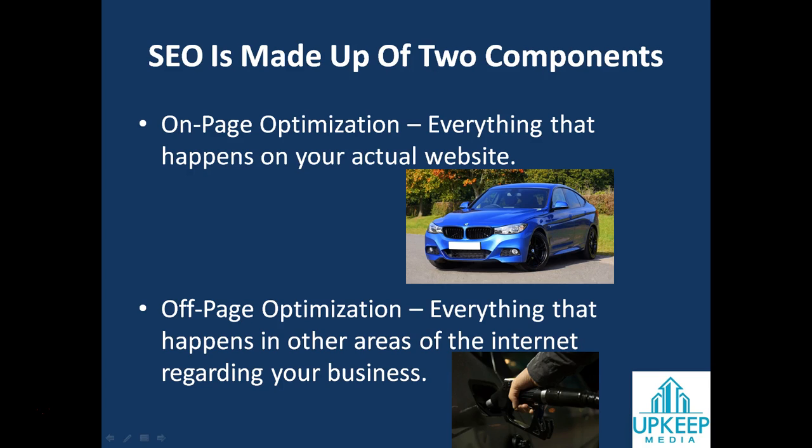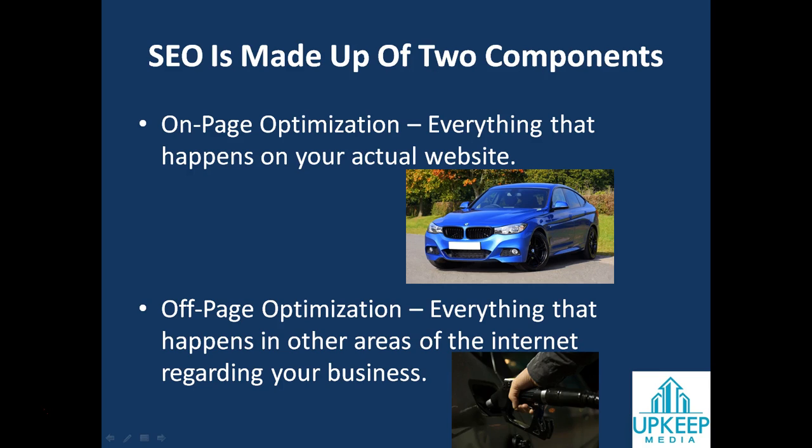We like to equate this to a car and gas analogy. If you look at SEO as a car, if you take an old beat up 1990 vehicle and try and race it, and you put in premium gas, there's only so fast it'll go.